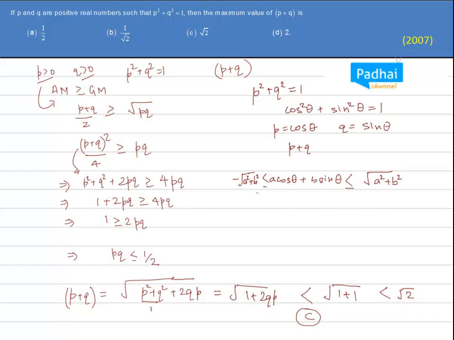Since we just need to find the maximum value of this question, this means cos theta plus sin theta will always be less than or equal to under root 2, because here both the values of A and B are equal to 1. So we can also do this question by this method.